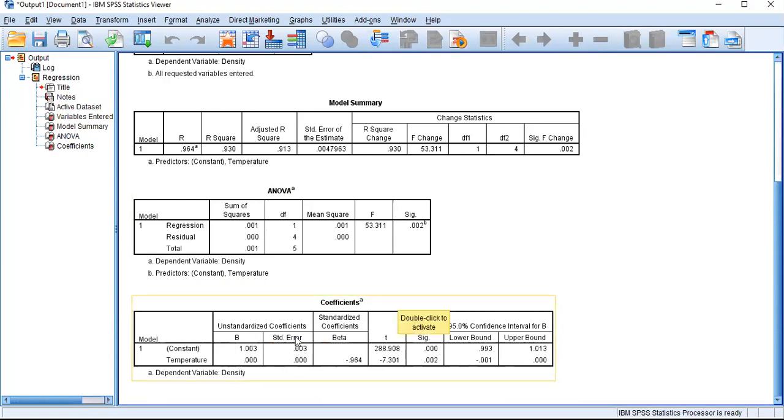I'm sure if you've checked how to test the significance of the constant and the significance of the slope, you have to obtain those standard errors. Again, you would have to obtain your test statistic, which is your T, in that column T, right? Corresponding to constant, we've got 288.908, and corresponding to temperature, it's minus 7.301.